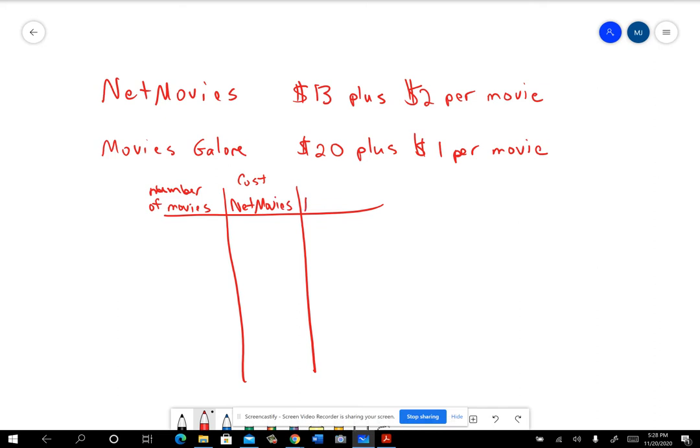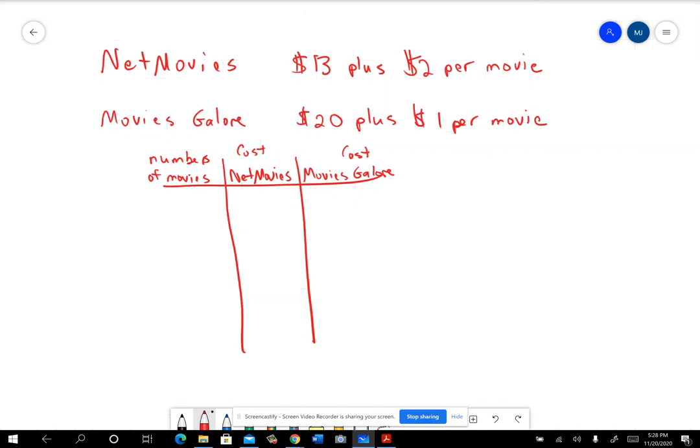So that's what that chart was all about. We're going to wind up getting two equations in two variables here.